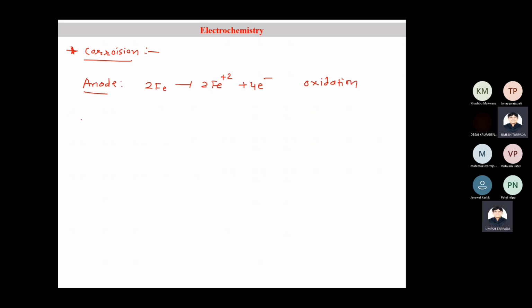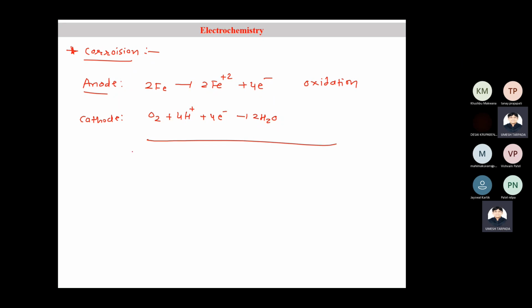At the cathode, what happens? Oxygen comes in contact with acid, 4H plus, so it undergoes reduction to give 2H2O. Therefore in the presence of acid, rusting takes place easily.